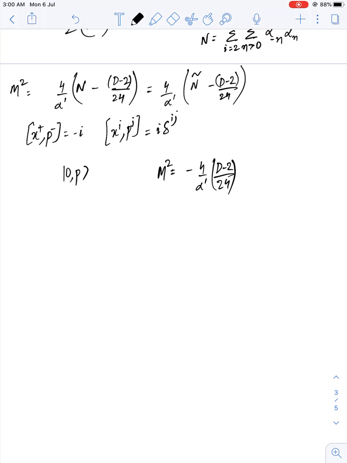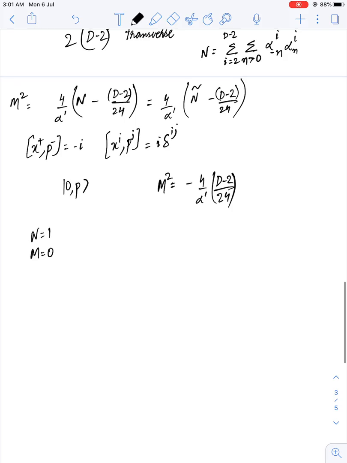After that, using the one particle state he was able to get d equal to 26, because the idea runs as follows. For one particle, n will be 1. I will do it tomorrow, and m has to be 0, such that we get a Lorentz invariant theory.